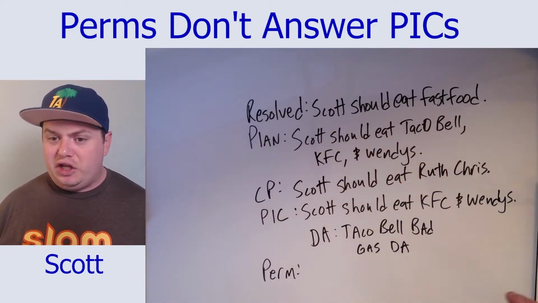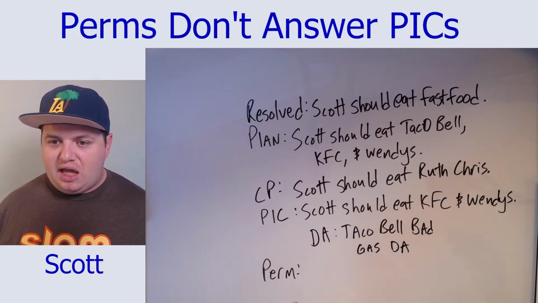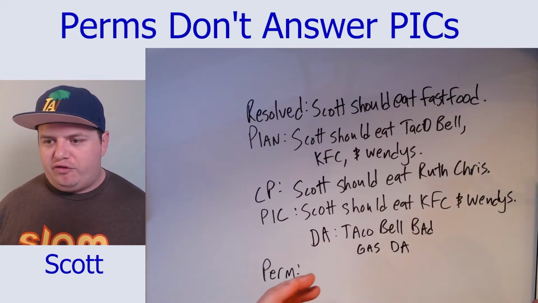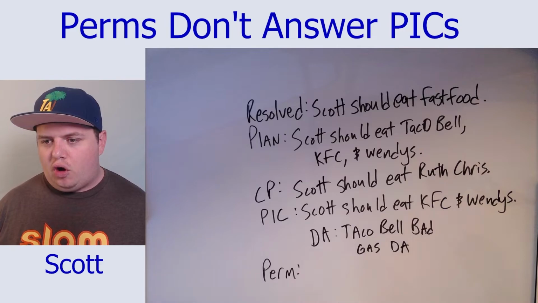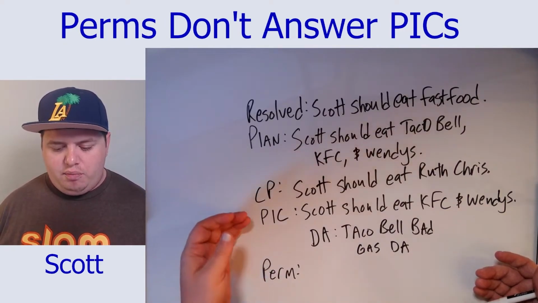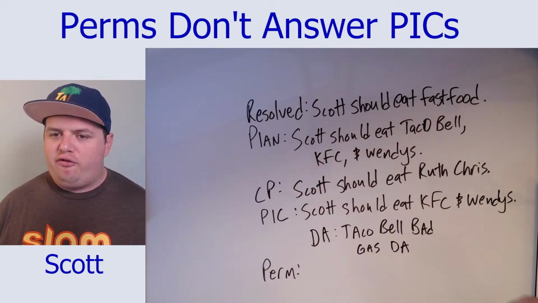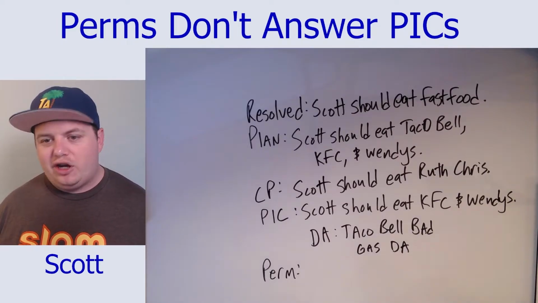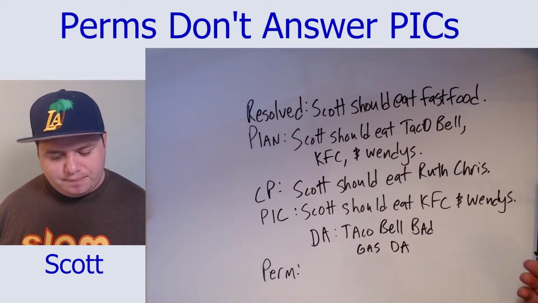So basically, a permutation would say some combination of the affirmative plus some or all of the counterplan would make it so that the affirmative and the counterplan are not competitive in the debate.